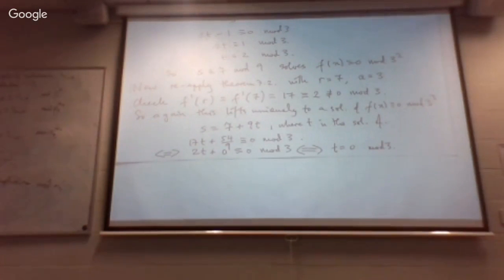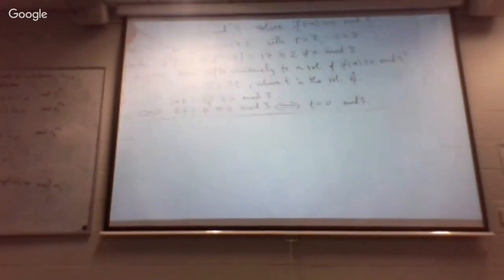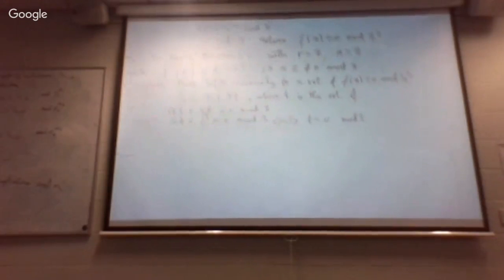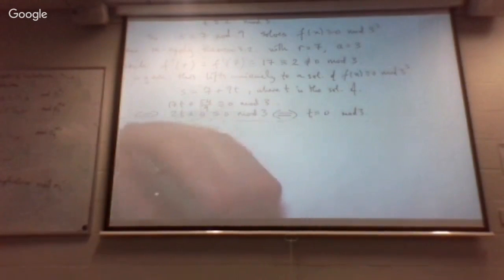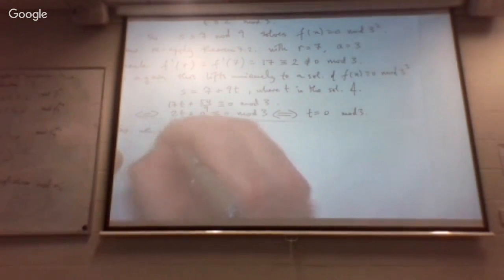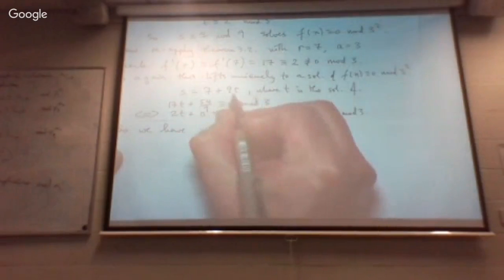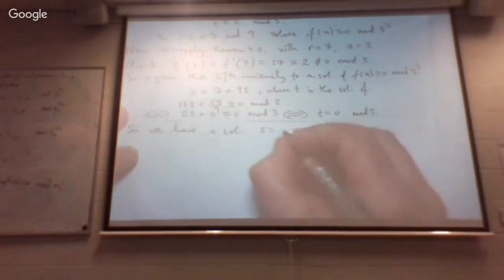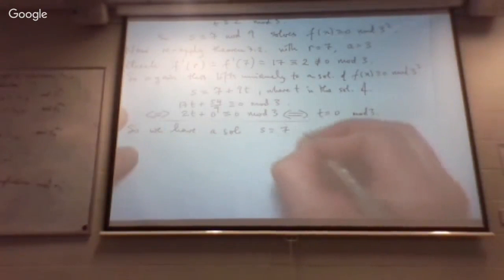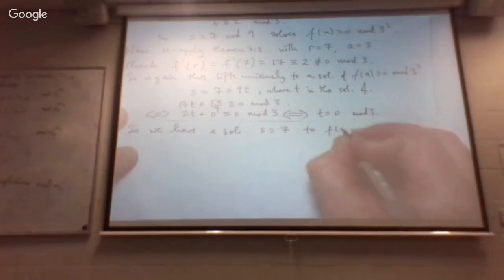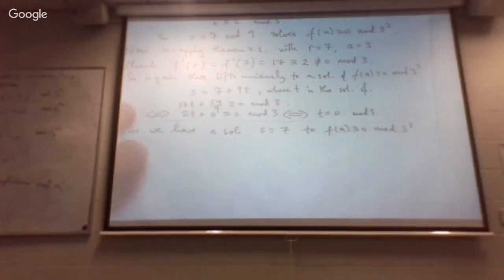So because t has come out 0, the new solution is just 7 again. So we now have a solution S equals 7 plus 9t, but t is 0, so S equals 7, a solution to f of x congruent to 0 modulo 3 cubed, 27.